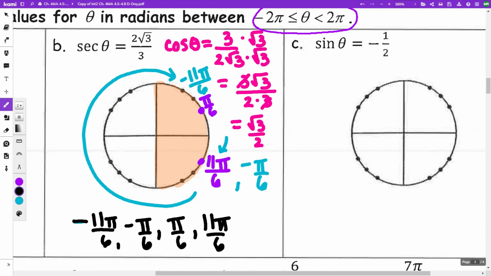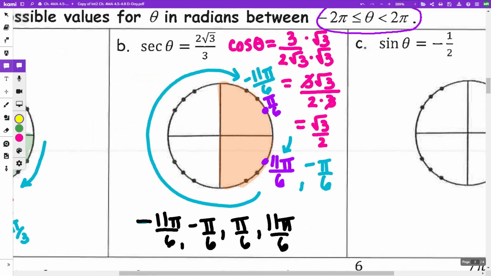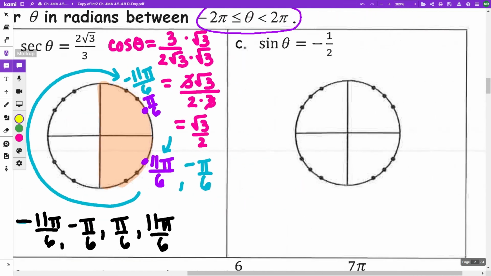Those are our answers. Now, the next one, where is sine equal to a negative 1/2? So my sine is going to be negative in these two quadrants. It's going to be negative in these two quadrants. And so I'm looking to see where my sine is a negative 1/2. That's going to be here, and that's going to be here. This is going to be 7 pi over 6.